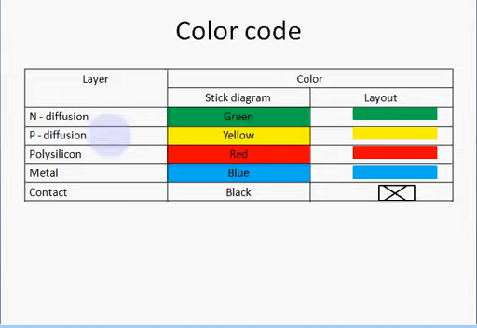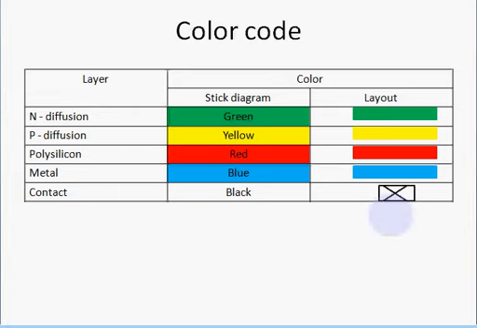Then P diffusion, which is used for the source and drain of the P MOSFET. Then we have the polysilicon, which creates the gates. Then metal, which is used for contact purposes, to apply VDD or ground or take the output, or to make connections between different circuits or areas. And finally we have the contact, which combines two different layers.